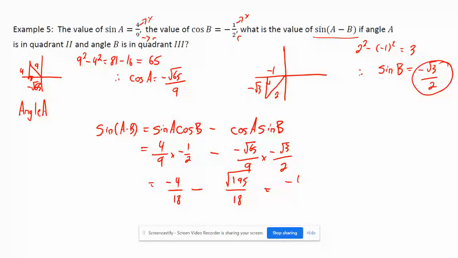This answer is negative 4 minus root 195, all over 18. And that's going to be our answer for this beast over here.